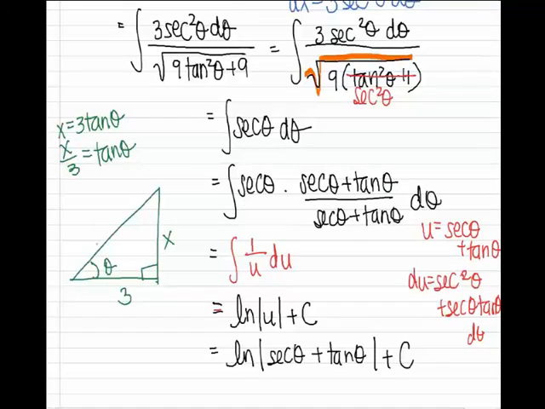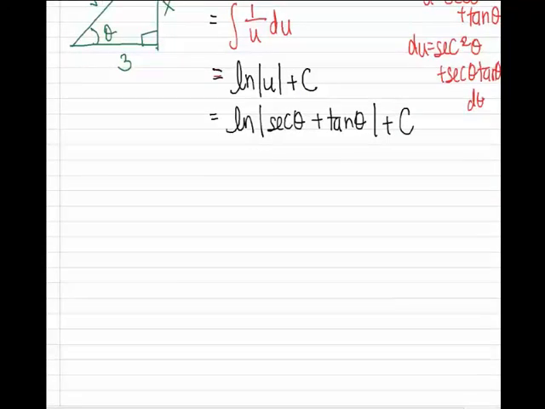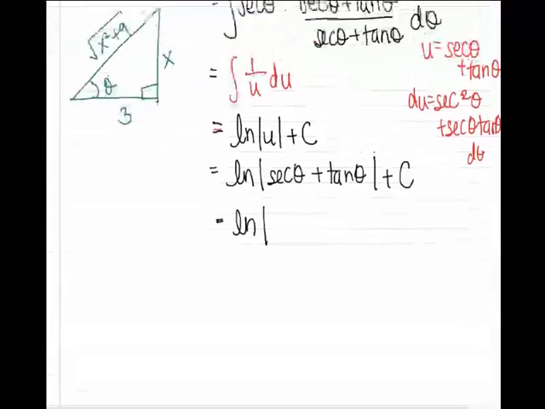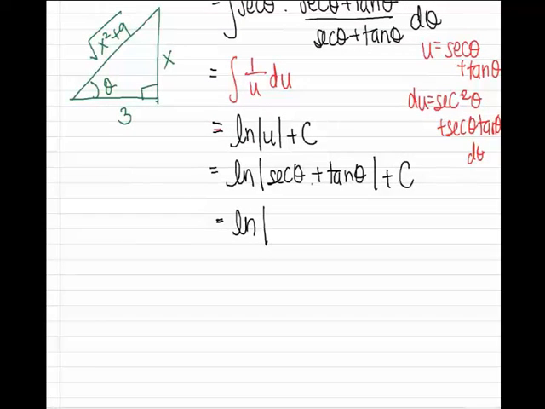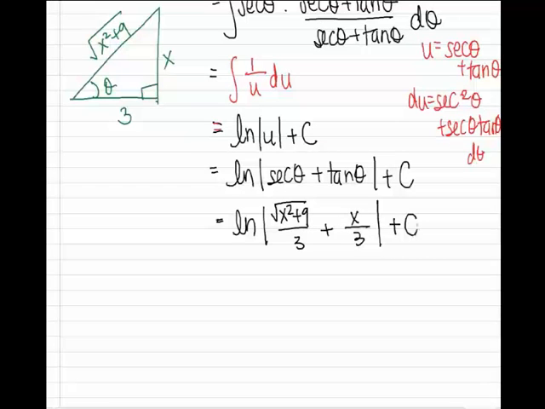So using the Pythagorean theorem, x squared plus 9 for our hypotenuse. And we can say that our final answer is going to be natural log of secant, oops, can't see my triangle, secant, which is going to be square root of x squared plus 9 over 3 plus tangent, which is x over 3 plus c.